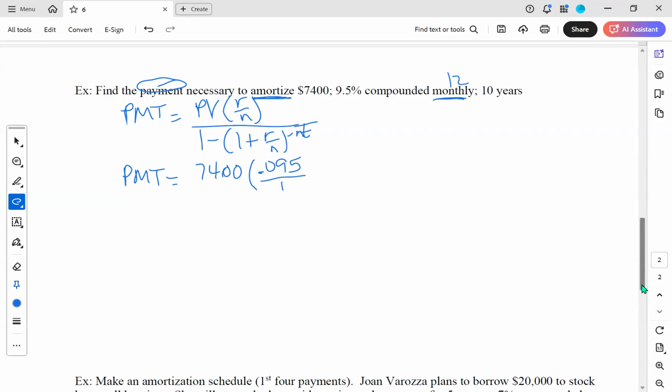So that means we're dealing with 12, all over 1 minus 1 plus 0.095 divided by 12 raised to the negative 12 times 10. Because again, we're doing this compounded monthly, so that's going to be our N. And got it for 10 years.